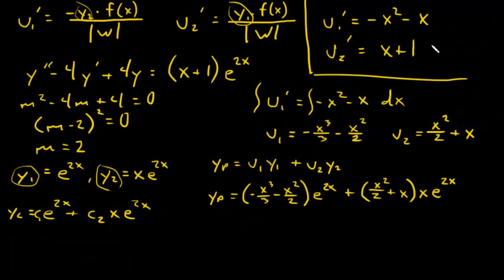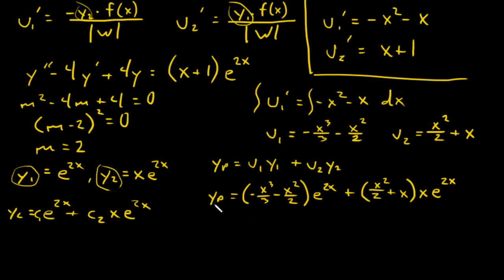You don't start with this. You do your work with your W1s and your W2s. You get these pieces. You then take those pieces, once you get them to their nice form because they're dividing by the Wronskian, and integrate them to get your u1 and your u2.